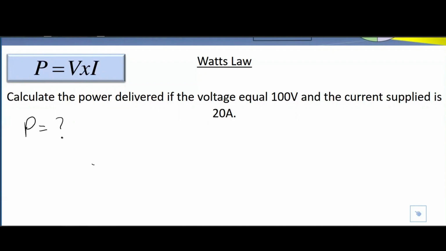And we have the voltage, and we also have the current. But by now you should be chomping at the bit saying, hey, this is your classic Watt's law formula, P equals V times I. And so you just plug and chug.